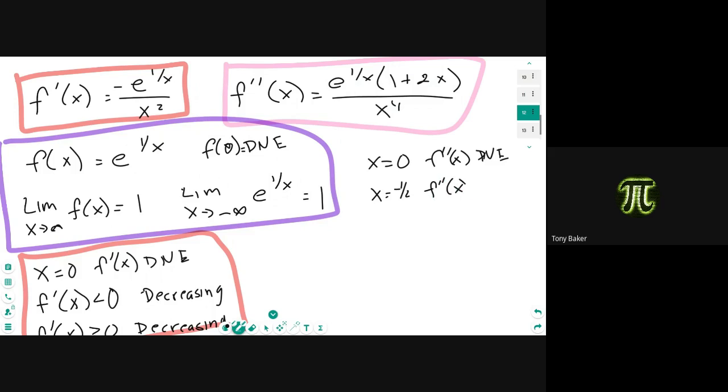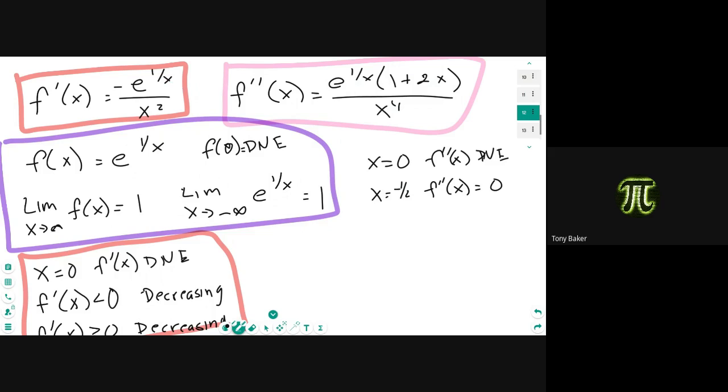No. So holes are removable discontinuities. So that means the limit would be going to that point, but I could factor something out to clean it up and still know where that point exists. So in this case, my 0 is not going to be a hole because there's nothing I can pull out of it. It actually ends up being an asymptote. And we can look at the limit of this from the left and from the right.